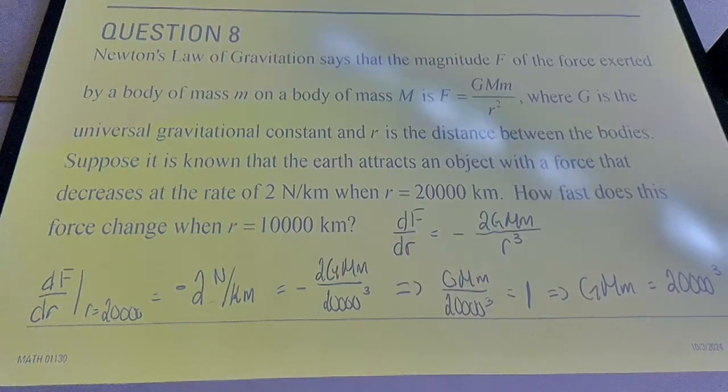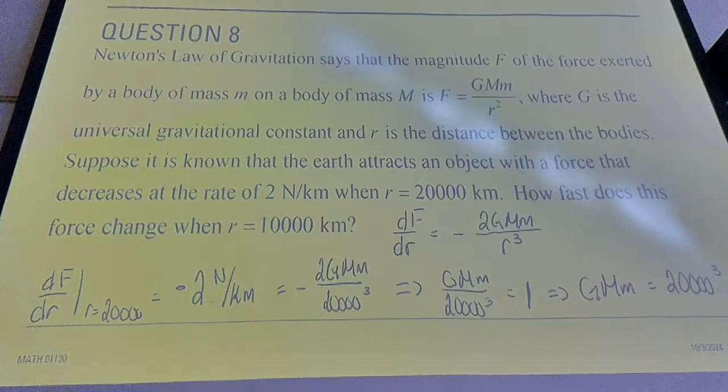By the way, that would mean that these two objects are really massive, because G is very tiny. G is a magnitude of 10 to the minus 11. So these are massive objects.